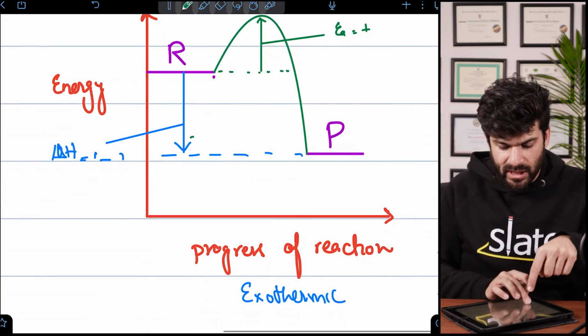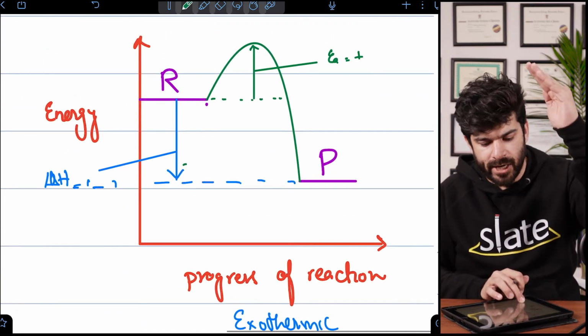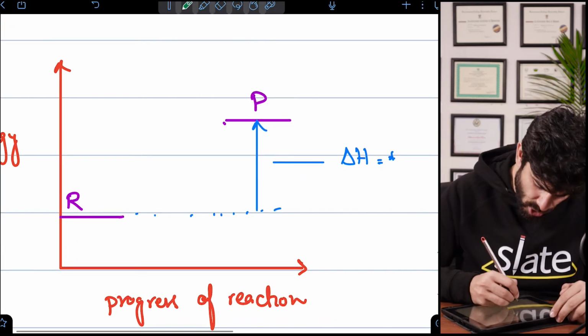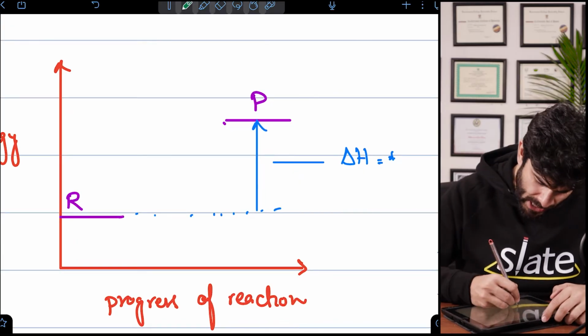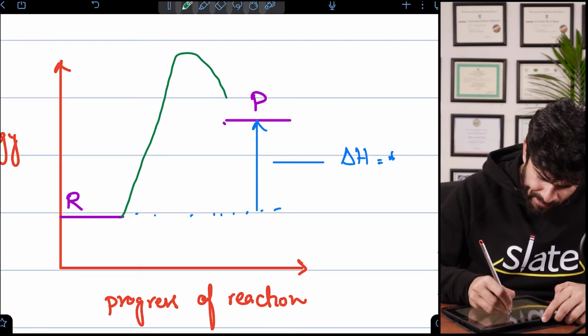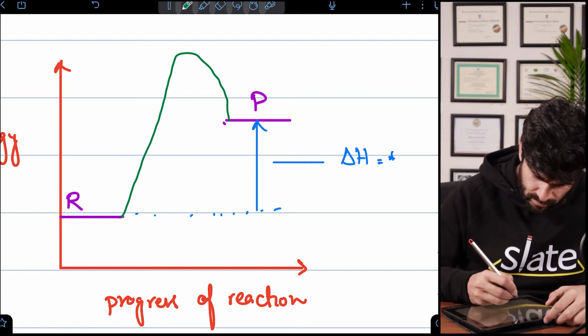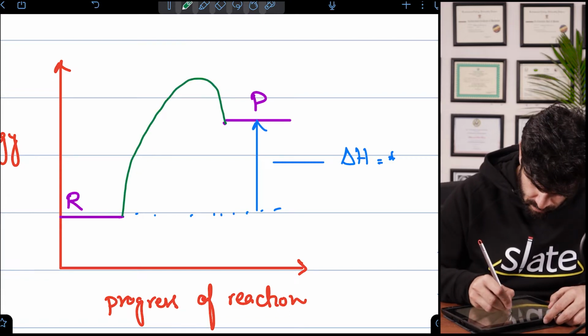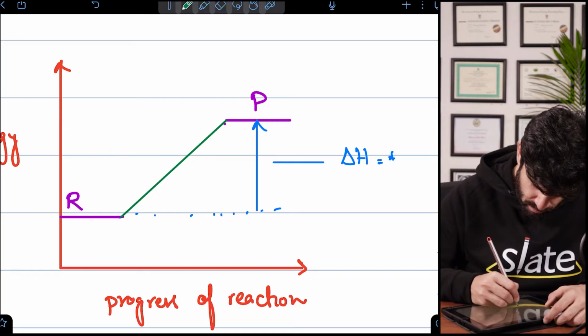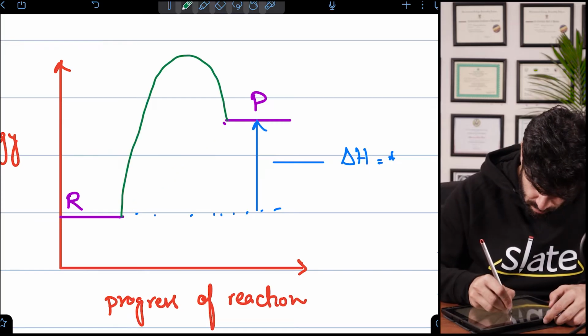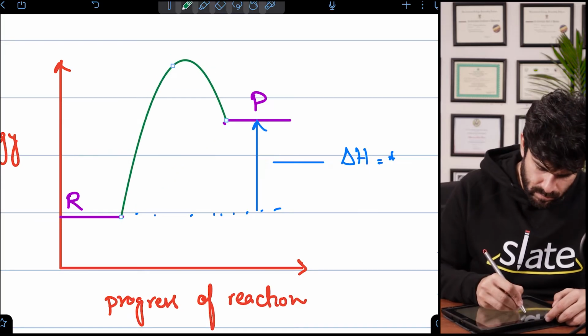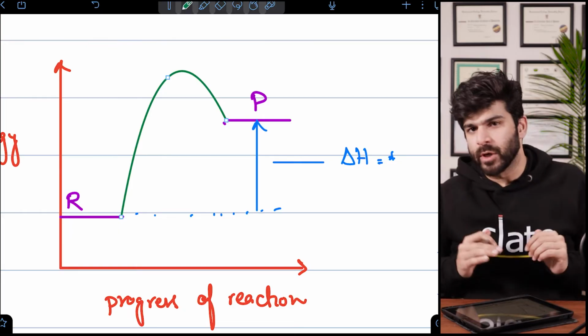In the case, this was exothermic. The reactants had a higher energy. But in the case of endothermic, again we'll move upwards and then backwards to the products. That is what it is.